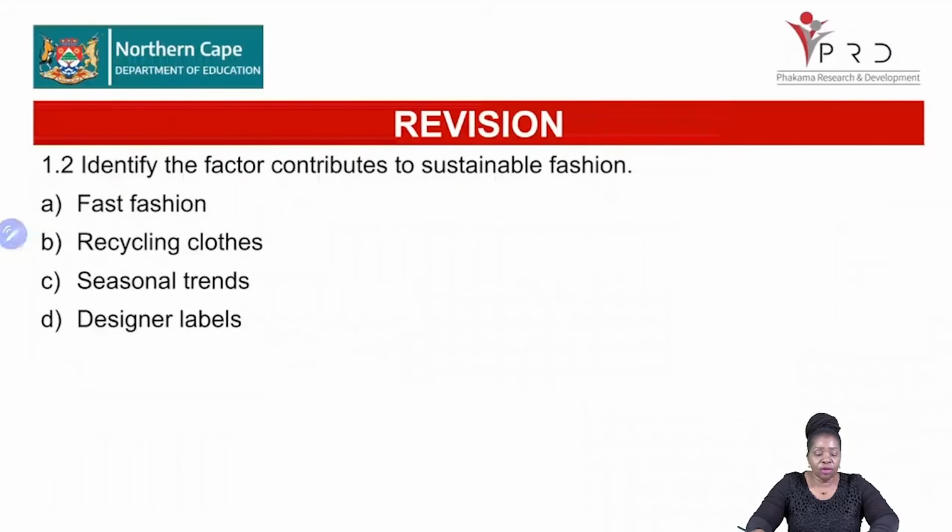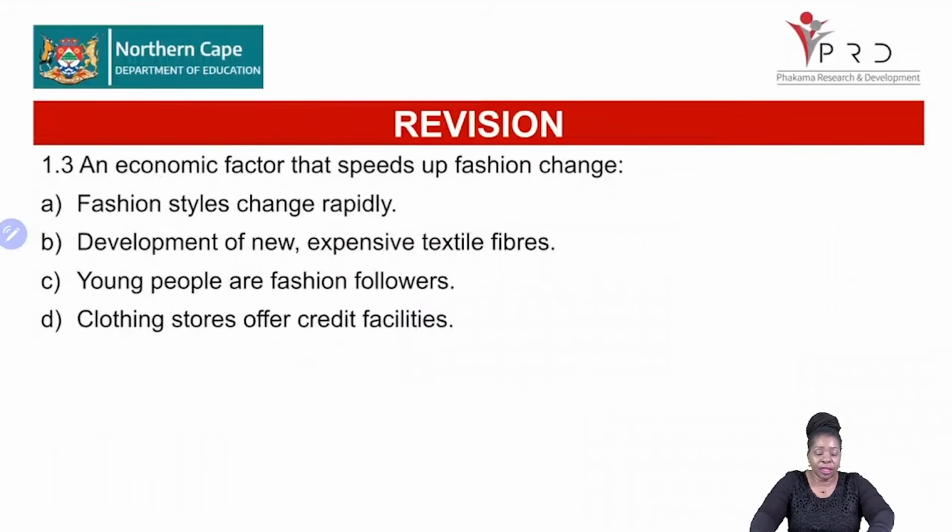We move on to the next one, 1.3, which says an economic factor that speeds up fashion change is A, fashion styles change rapidly, B, development of new expensive textile fibers, C, young people are fashion followers, and D, clothing stores offer credit facilities. Let's answer 1.3, then we can move on.